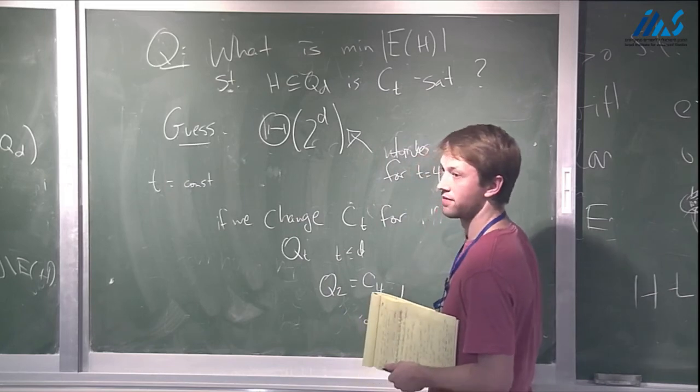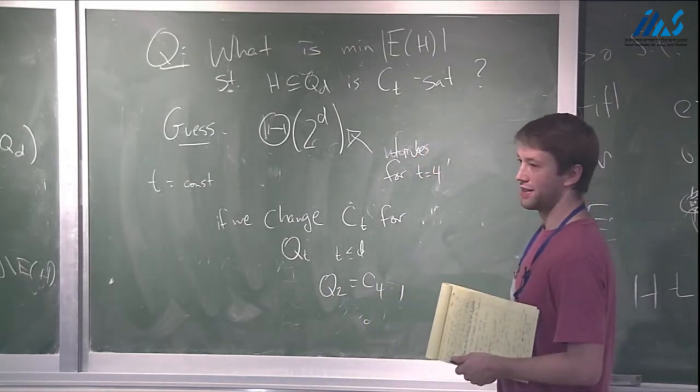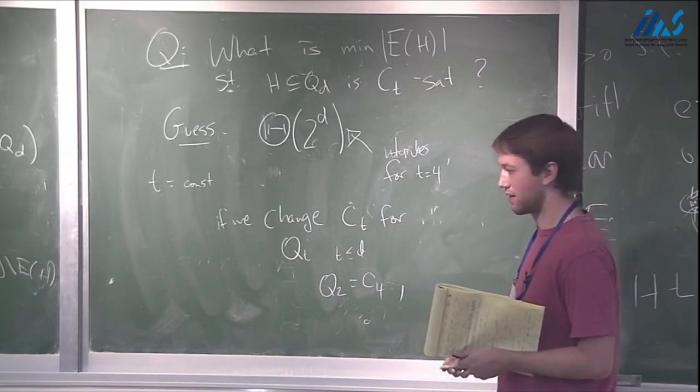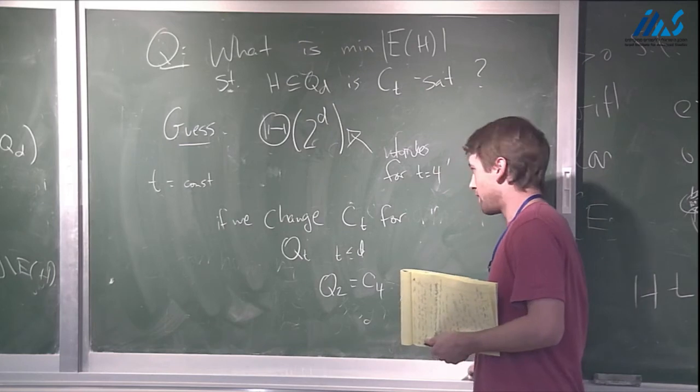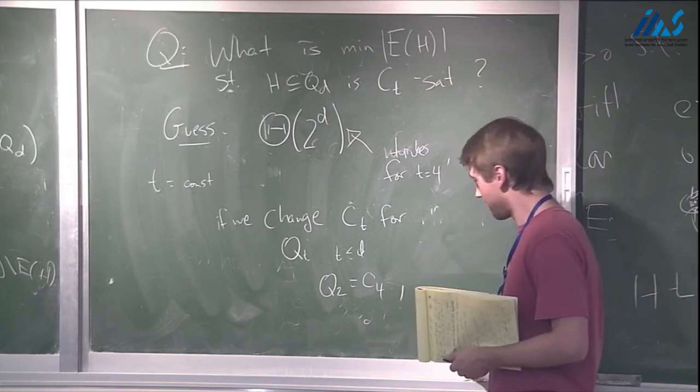So the first case that you can't do is t equals 6, so 6-cycles, I don't know. We haven't really thought a lot about the question, but yeah.